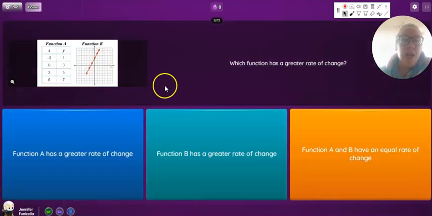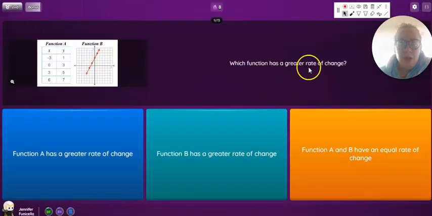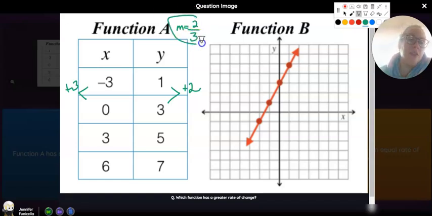What function has a greater rate of change? Alrighty. So rate of change is our, wait, does it say rate of change? Let me check. Yeah, okay, just checking. So rate of change is our slope. For function A, we see our y values increasing by 2 and our x values increasing by 3. This gives us a slope of 2/3.